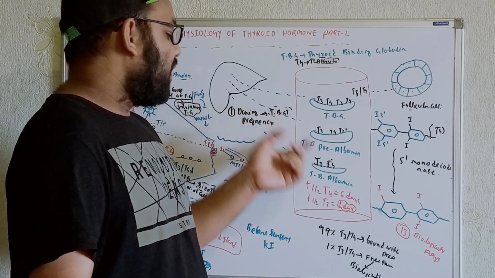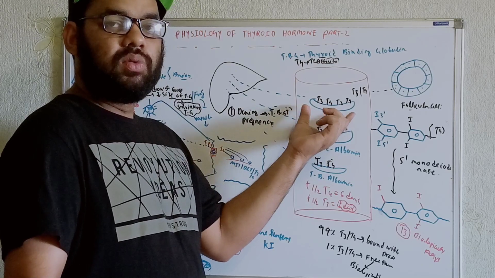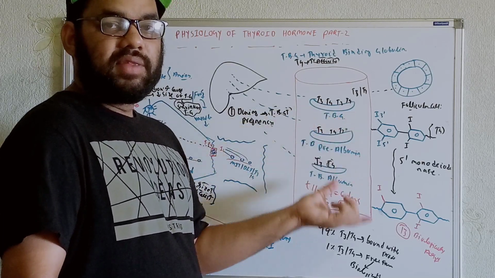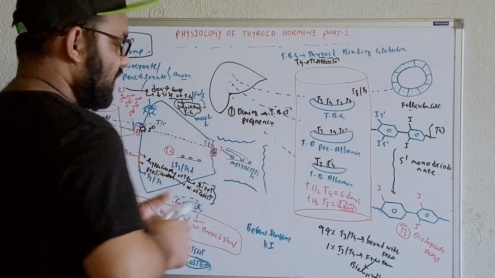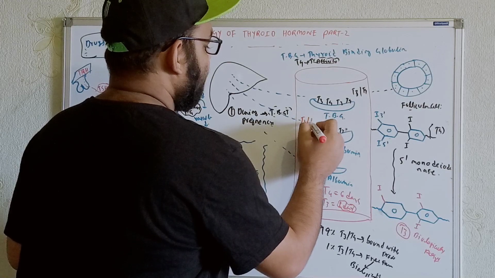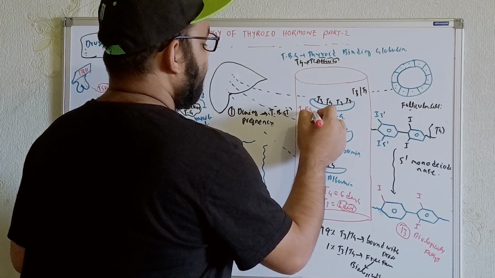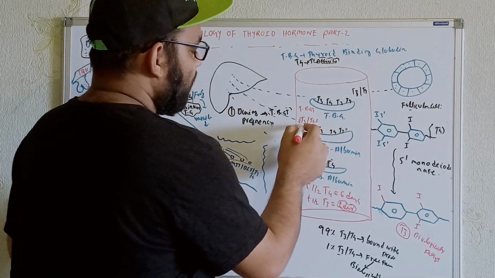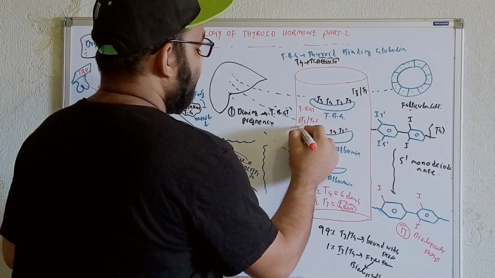As a result, more T3 and T4 will get bound along with the thyroid binding globulin, so within the circulation the free form of T3 and T4 will be less. Whenever it is less, definitely the amount of the TSH will be elevated.